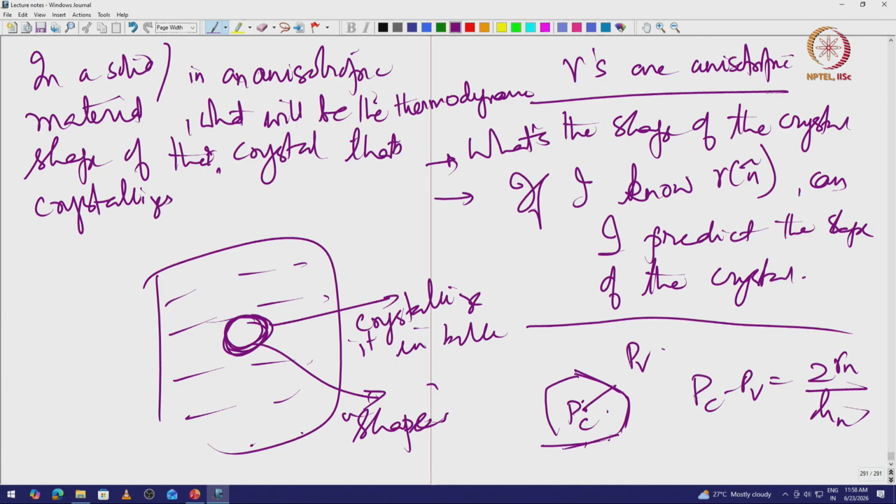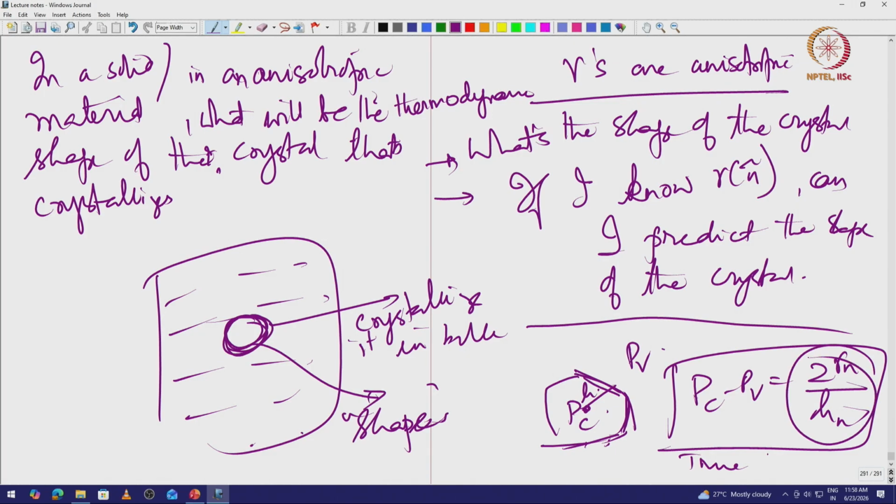Hn is the height of the facet from the center. So 2 gamma n by Hn, this relation is also true. My gammas and Hs of various facets should be such that gamma n by Hn is equal to Pc minus Pv.